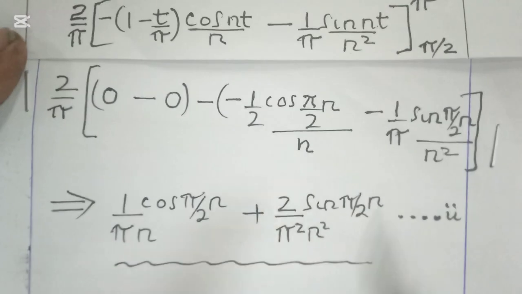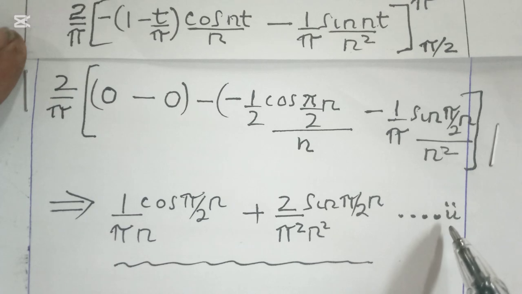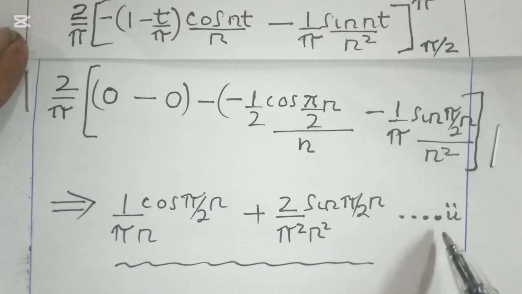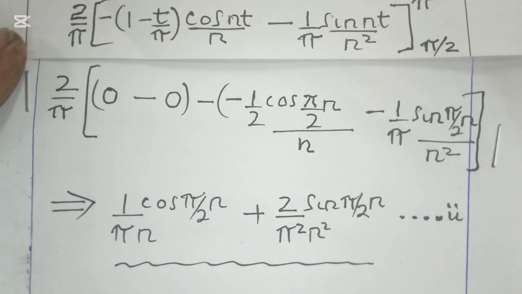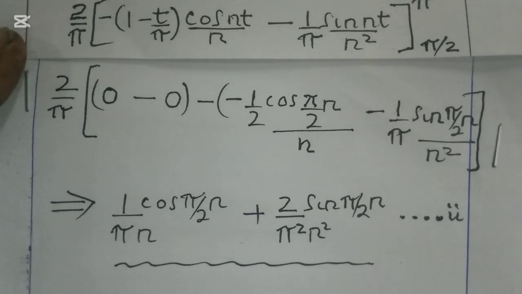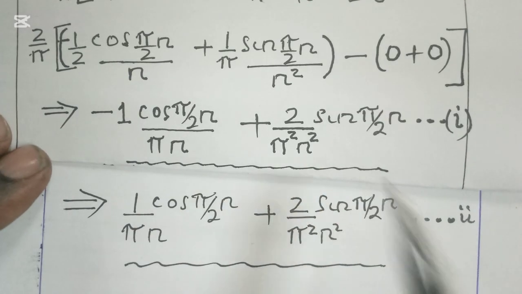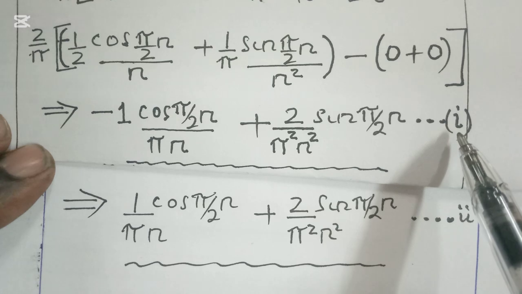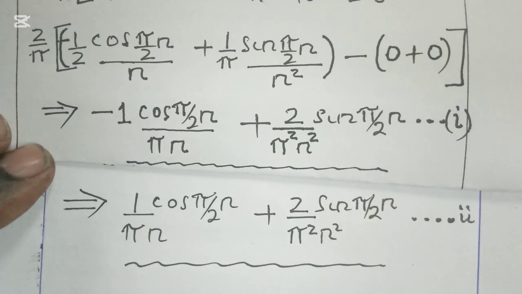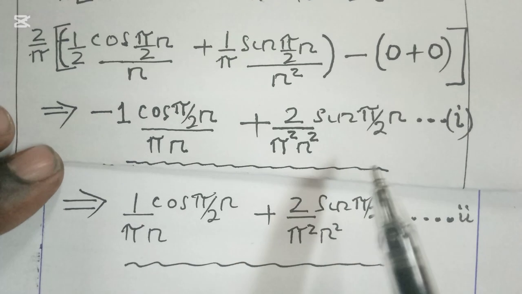After that, I have this equation. This is now equation Roman 2, which I'm now supposed to add to equation Roman 1. So bringing my Roman 1 here, you can see this is my equation and I'm supposed to add them together.